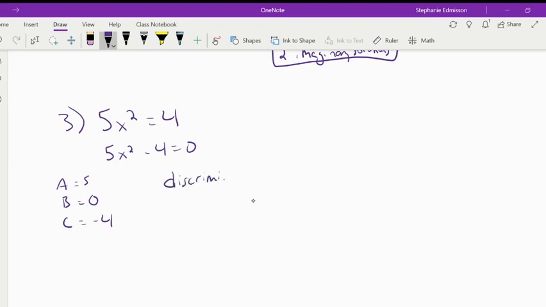Discriminant equals b squared minus 4ac. Okay, b is 0, so that's 0 squared. Still put it in parentheses because it's a good habit. Minus 4ac. 4 times 5 times -4.